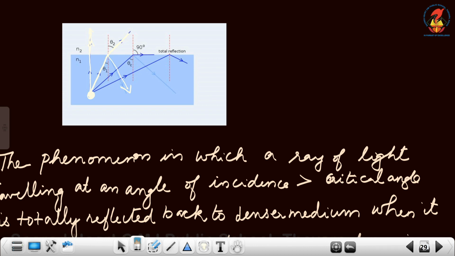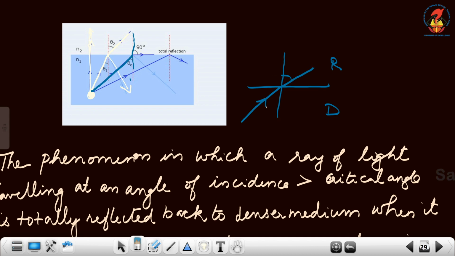Now imagine a condition in which the angle of incidence is increasing. As the angle of incidence from denser to rarer increases, the angle of refraction will also increase.